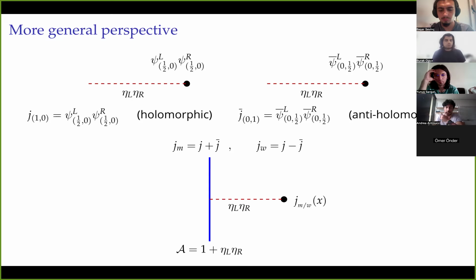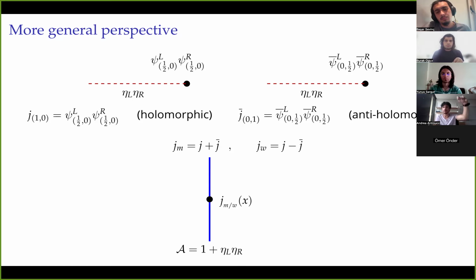Because eta left times eta right is a Z2 line. And I can construct this configuration. Now my semi-local current is living at the end of this line, but this line is ending on this blue line here. Now, as everything is topological here, except clearly the local operator, I can push this blue line to the left here. What I get is this now local operator J on the A line.